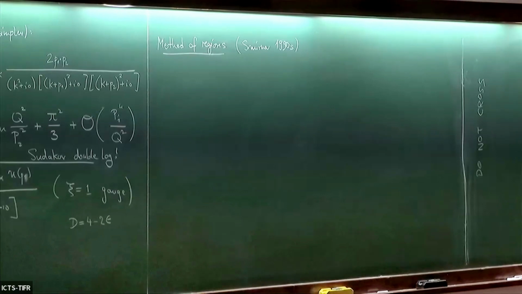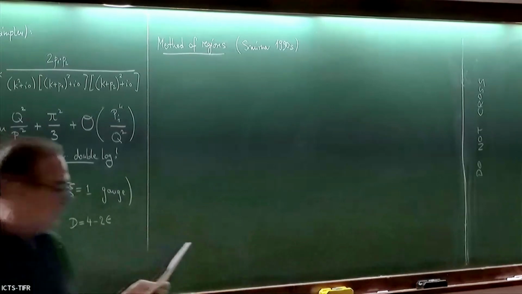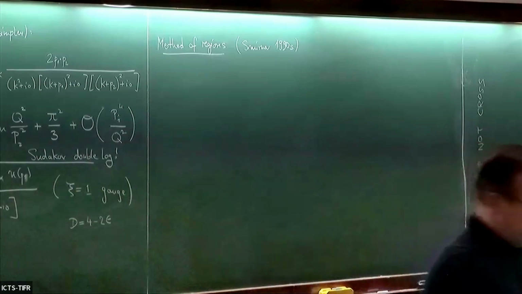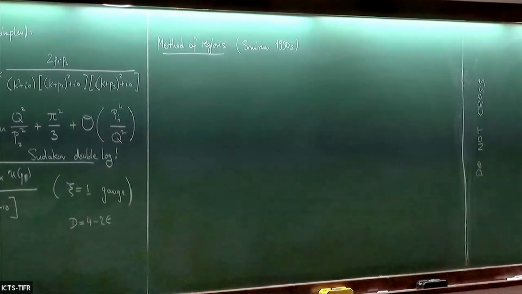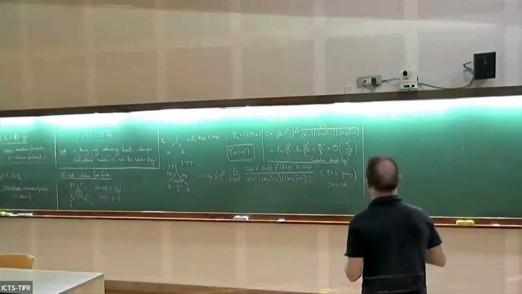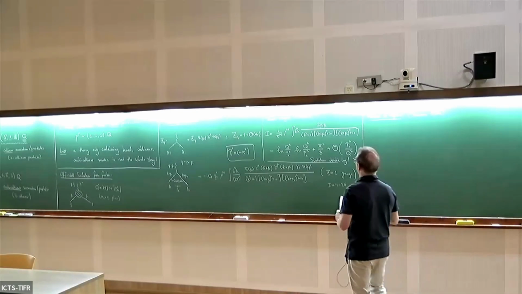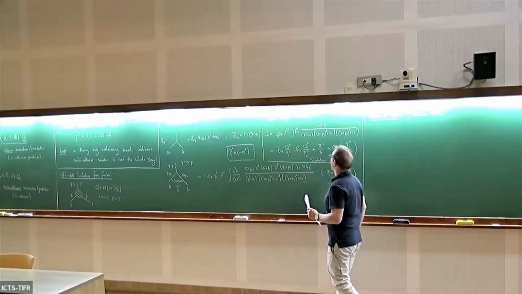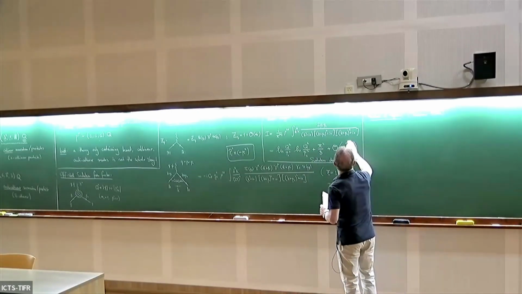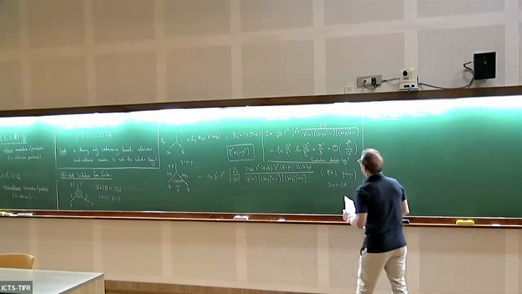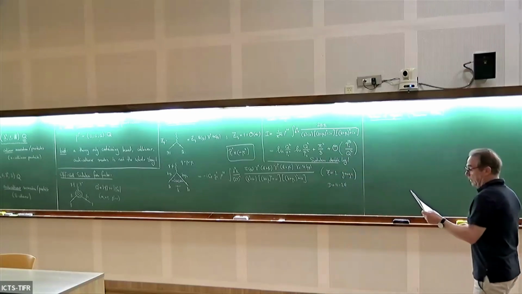We could set the 2 p squares equal, then we have exactly 2 scales. If you want to evaluate this Feynman graph in a certain limit, q square much bigger than p square, you can do a Taylor expansion in powers of p square over q square, and that would be the first term in the Taylor expansion. And that's what the method of regions allows you to do.